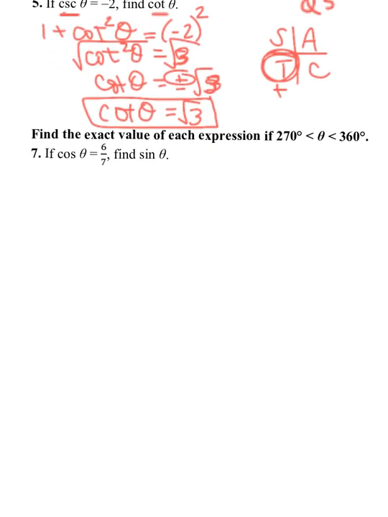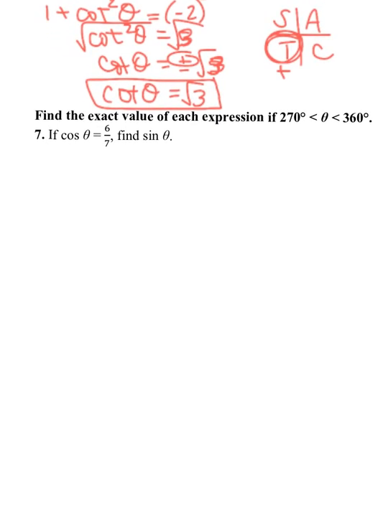Okay, let's try number 7. This time I have from 270 to 360. So theta is going to be in quadrant 4. And then I have cosine, and I want to find sine.